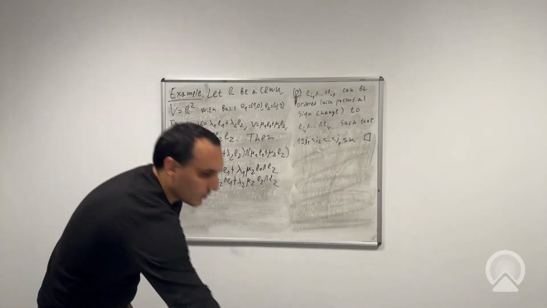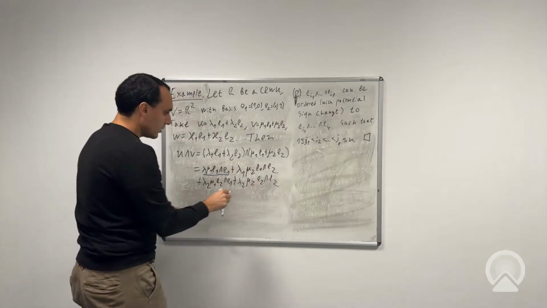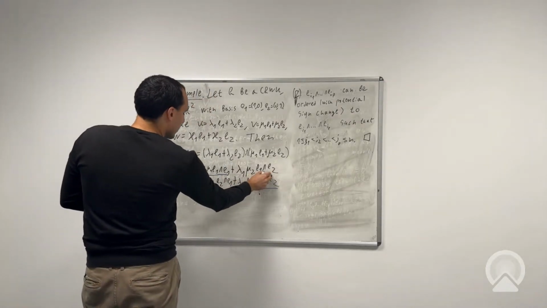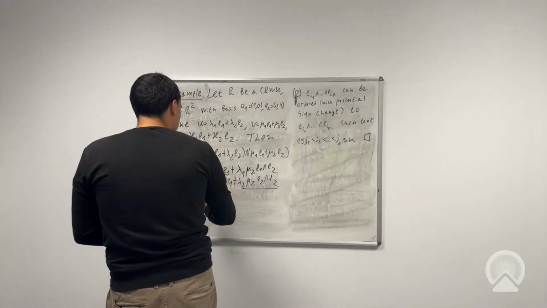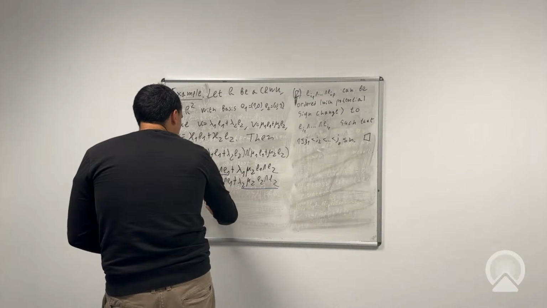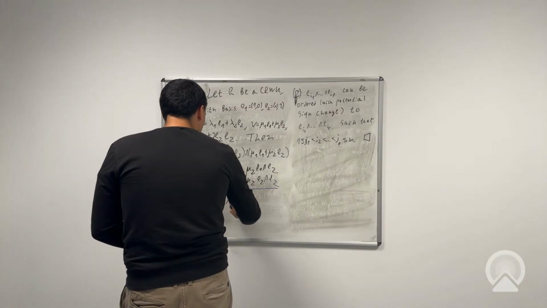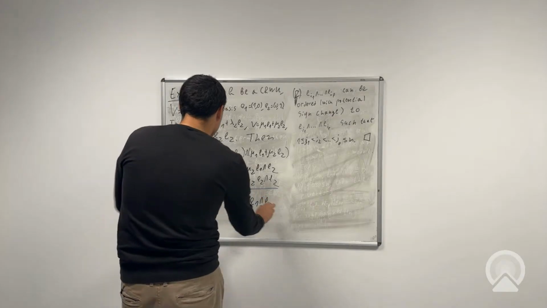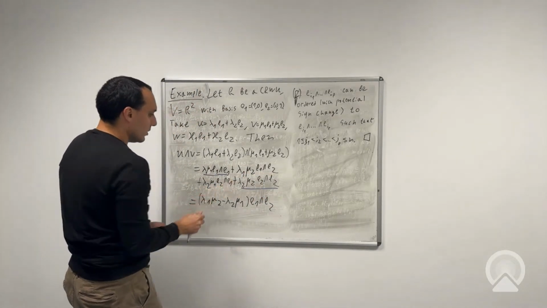Now these things here are 0 because e1 wedge e1 is 0 and e2 wedge e2 is 0, and these things here are the same thing with opposite signs. So the whole thing is equal to lambda 1 mu2 minus lambda 2 mu1 times e1 wedge e2. So this thing is the same as this, and this is with minus because we interchanged.